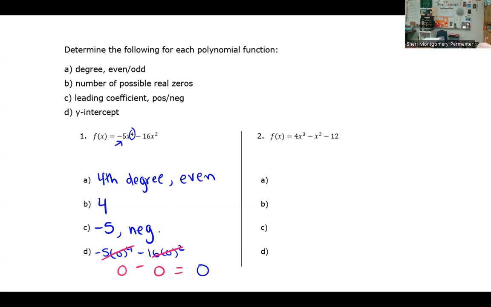To find a y-intercept, you can plug in x. X is equal to 0. By definition, the y-intercept is when x is equal to 0. So that's every time. So we should be working on question number 2.